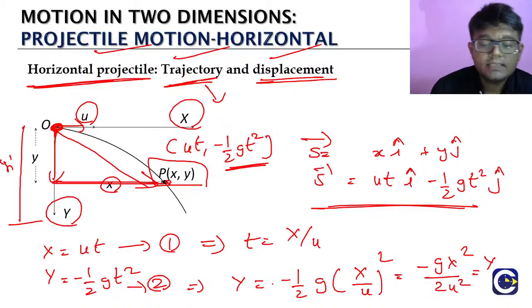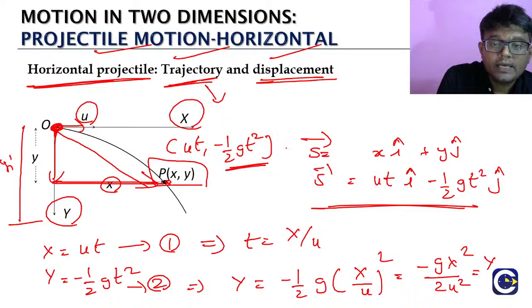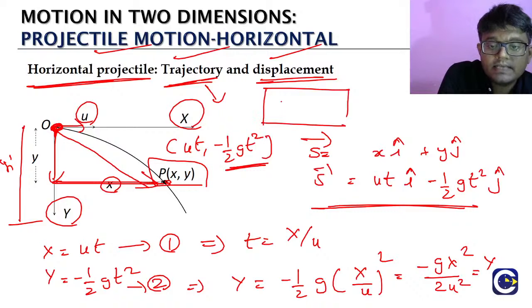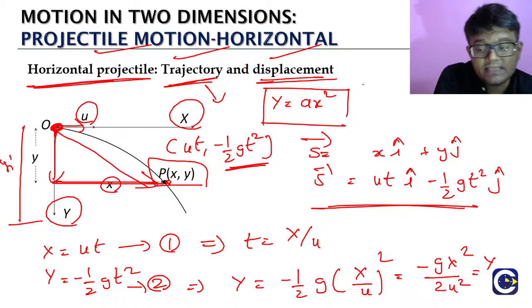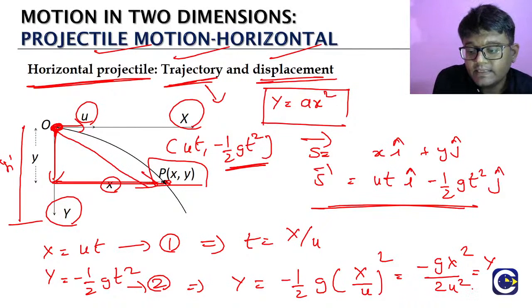Okay, so what is the relation? y is equal to minus gx square by 2u square. So the equation is like y is equal to a into x square, where a is a constant. Look at this. This minus g by 2u square is a constant.